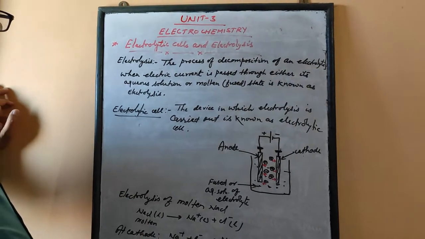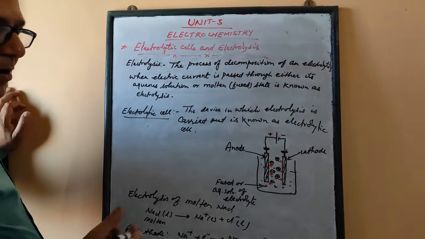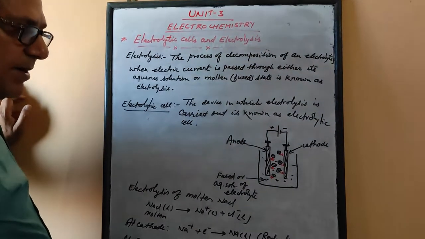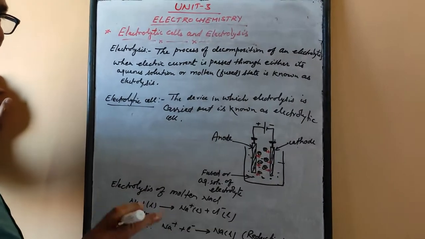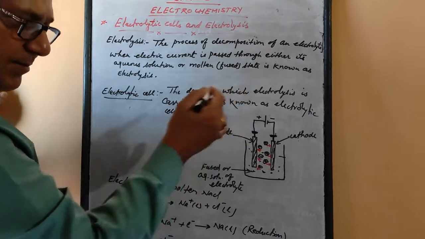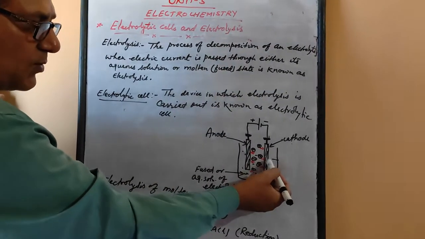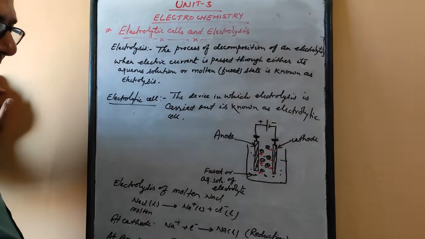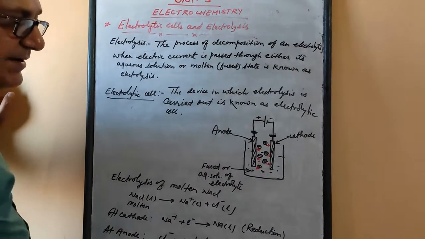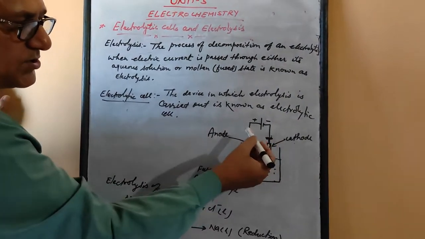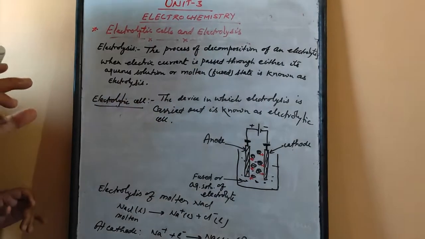Those electrodes may be of platinum or some other metal. But if you want the electrode to be inert, then you have to take the platinum electrode. Now, the two electrodes are there inside this fused or aqueous solution of electrolyte, and these two electrodes are connected with a battery.